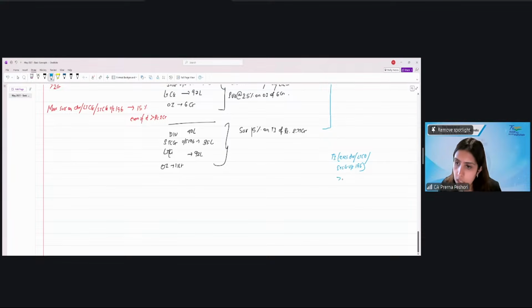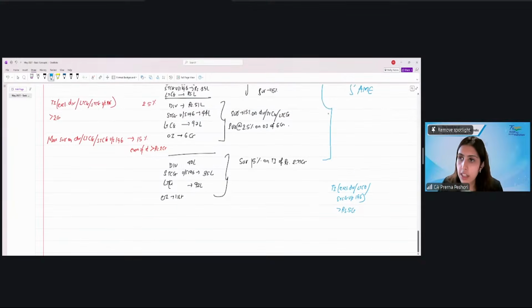So the earlier slab is total income excluding dividend, LTCG, STCG under 196 greater than rupees 2 crore but less than or equal to 5 crore. The surcharge is 25%, which is the same.